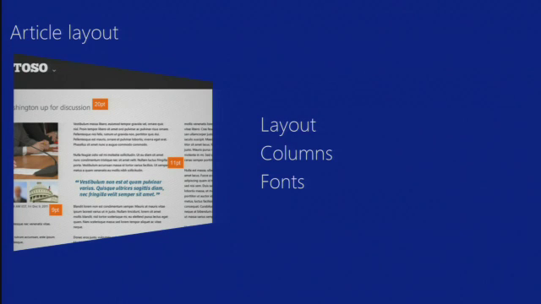So the idea here is, we do believe that the right experience for reading is to use the horizontal panning motion that we're using throughout Windows 8. So we prefer to see apps that do their reading multi-column with a horizontally panning experience.